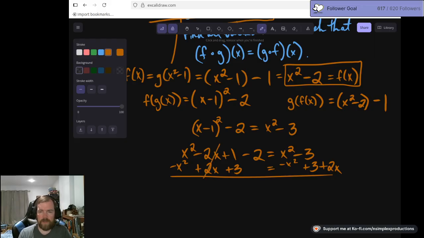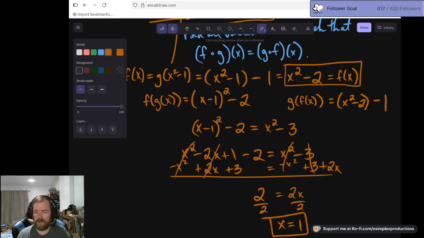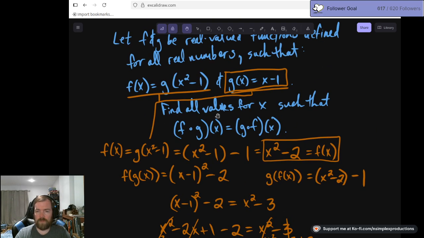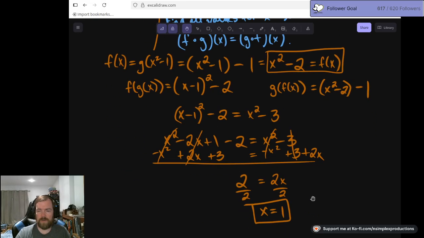This is just bookkeeping stuff, so algebra. 2x is equal to, over here we've got a 1 plus 3 is 4, minus 2 is going to be 2, and then divide by 2. So x is going to be equal to 1. There was only one possible solution for that, so the only location for which f of g of x is equal to g of f of x is going to be at x equals 1.